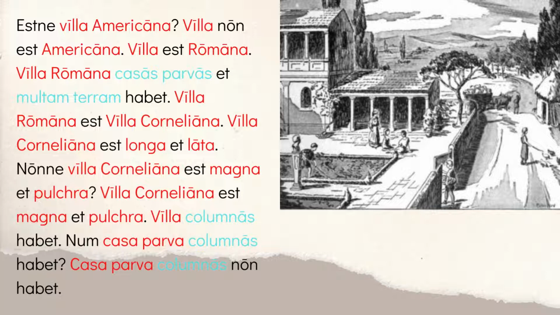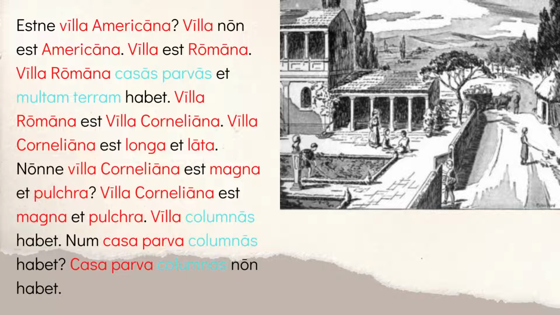That might be where the slaves are living, or just little huts you have set up around your property because you have different things going on, particularly if you're farming, right? So it's saying that the Roman house, or the Roman villa, has small huts, and notice how it's plural. It's a direct object. That's why it's blue here. It's accusative plural. And you can tell by the AS endings on it, right? So it has small huts, and it has multam terram, much land, or a lot of land, right?